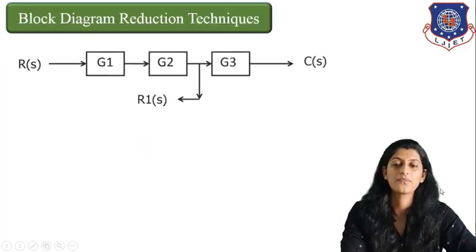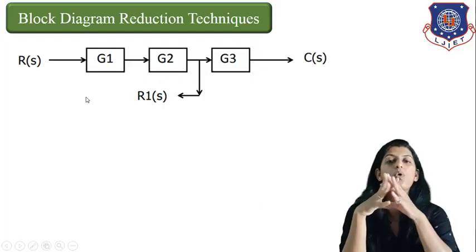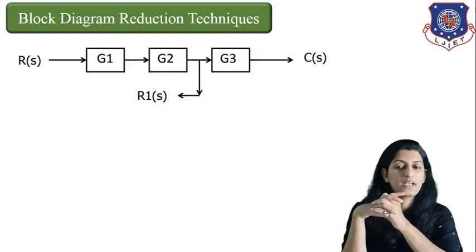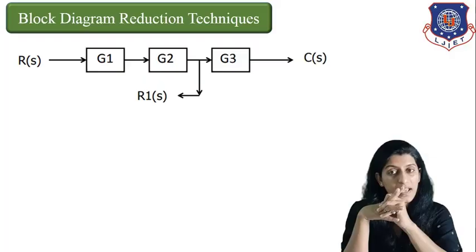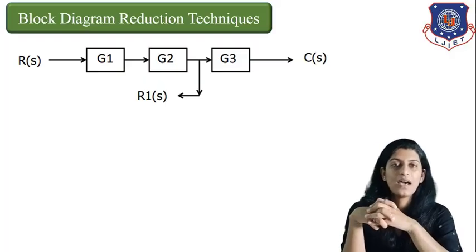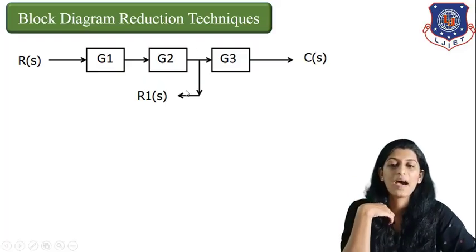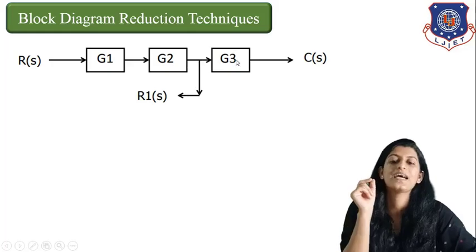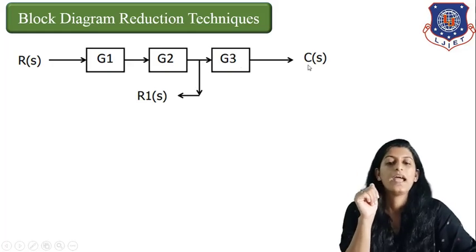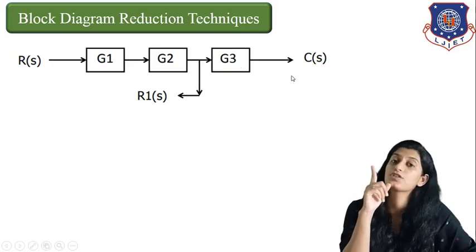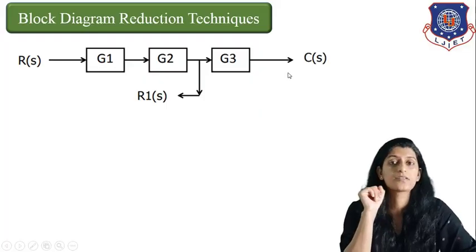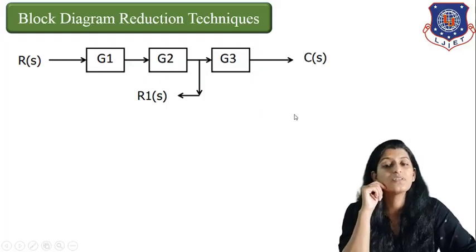Coming up next, suppose you are provided with this kind of block diagram where the input is R of S, then there is G1 and G2 which are connected in series. From G2 there is one bypass line, and after that there is G3, and finally there is C of S, your desired result.